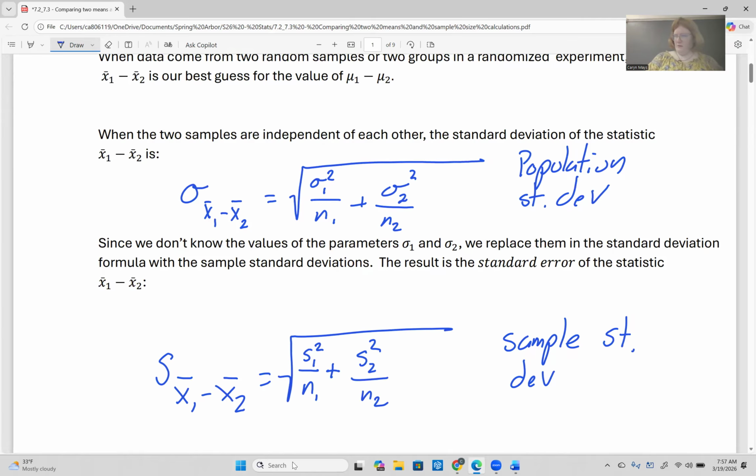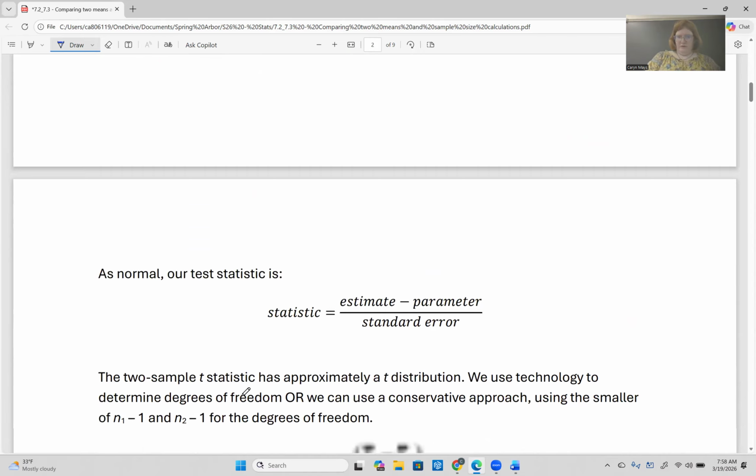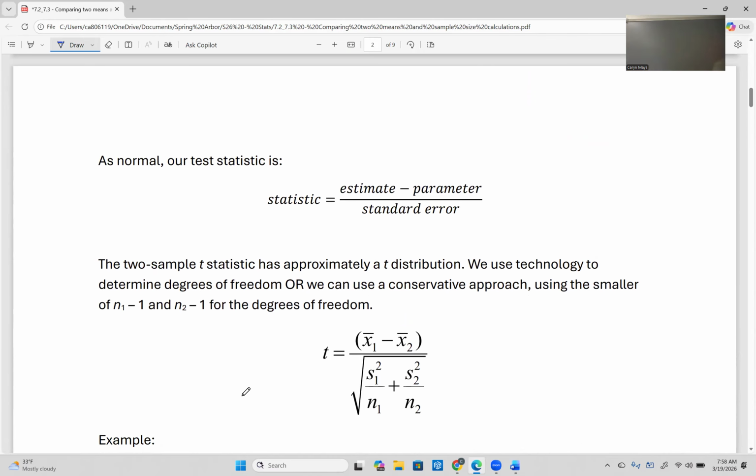And so we got, as normal, our test statistic is estimate minus parameter over standard error. The estimate being x1 bar minus x2 bar. The parameter being how different are the means.